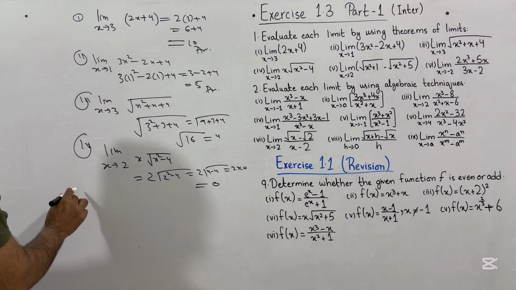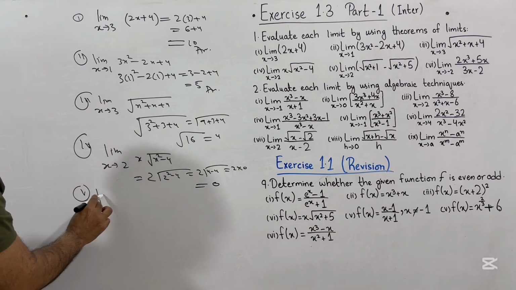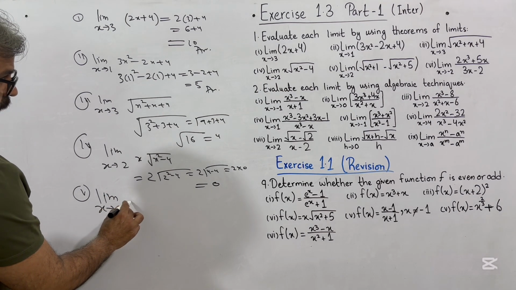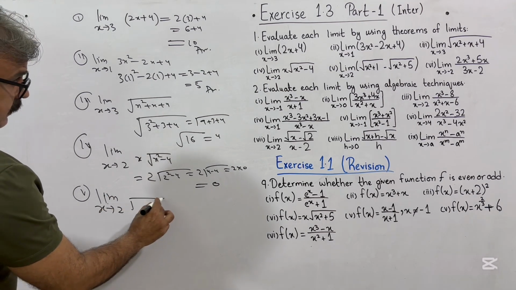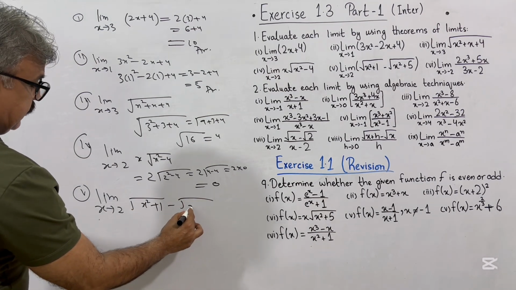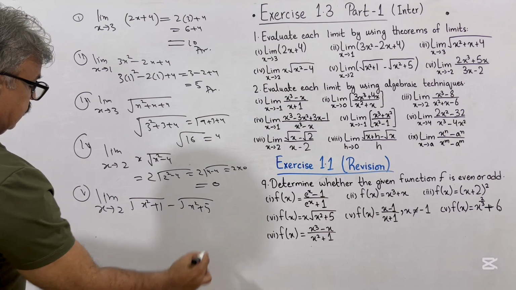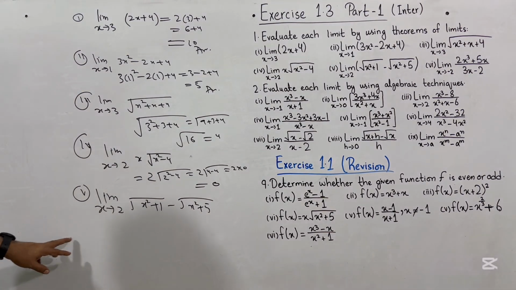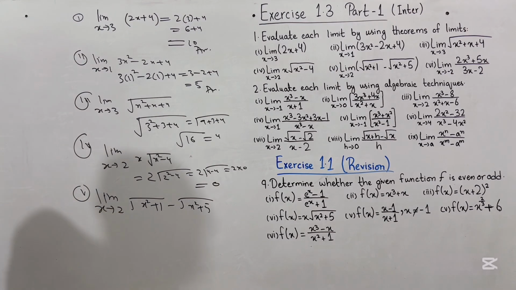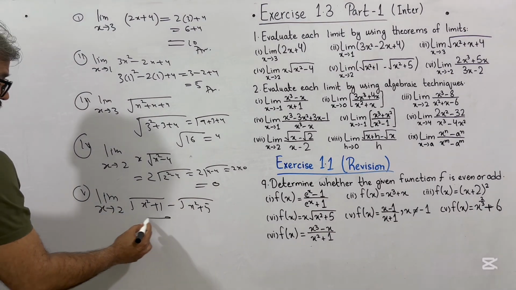Similarly, 5, limit x tends to 2, root of x square plus 1 minus root of x square plus 5. Look at this, there is no denominator, put in the limit. 2 square means 4, 4 plus 1 is 5. 2 square is 4, 4 plus 5 is 9, and it's our answer. Just put in the value.